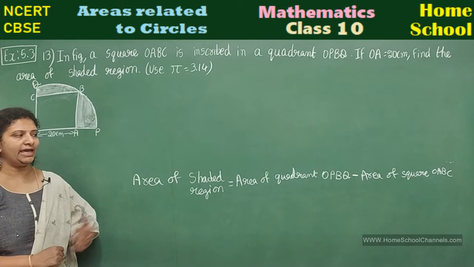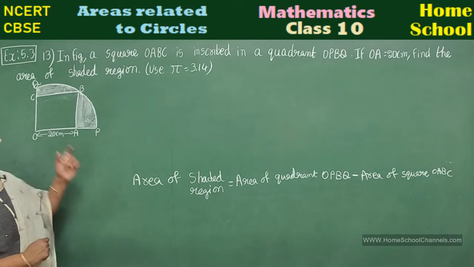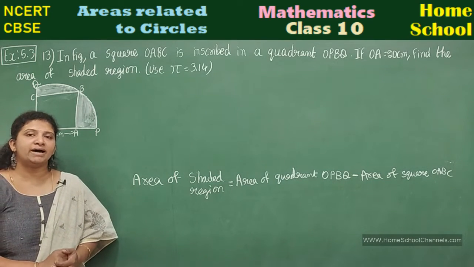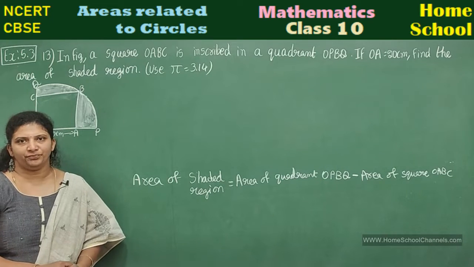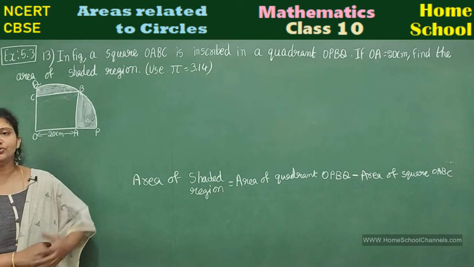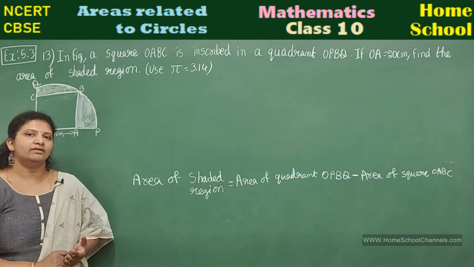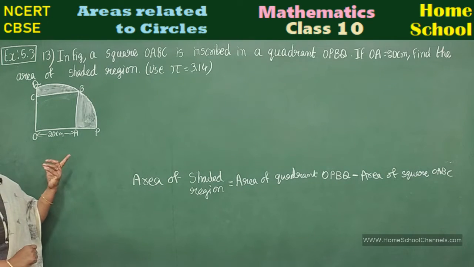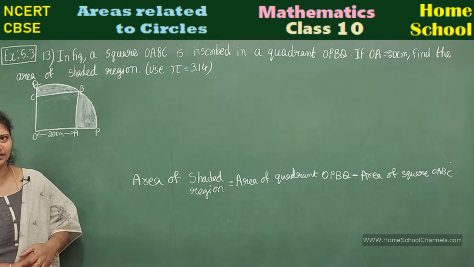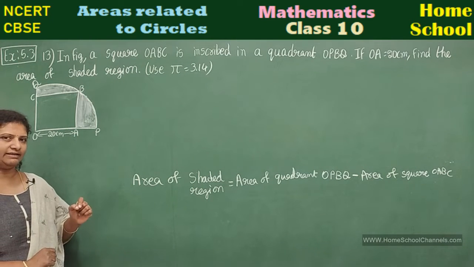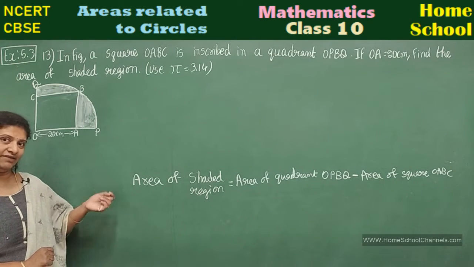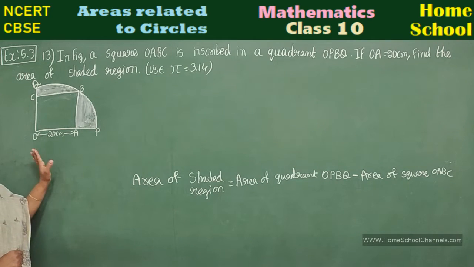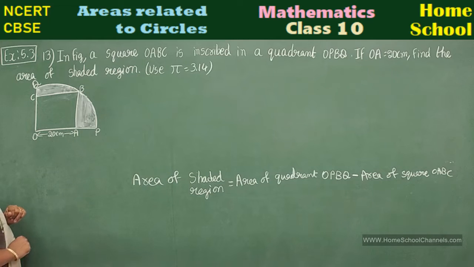Now coming to the area of a quadrant. In order to find the area of a quadrant, the formula is pi r square by 4. Pi value we know, 3.14. R, what about the radius? Did they give the radius? No, we don't know the radius of the quadrant. First, we need to calculate the radius of the quadrant and then we'll find the area of the quadrant. How can I calculate the radius?